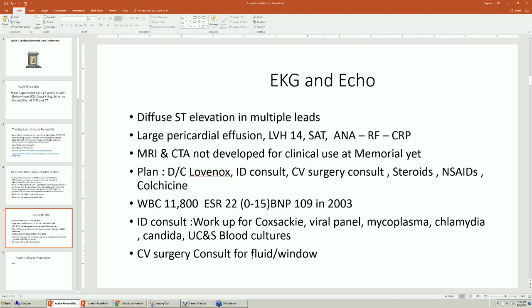In those days it was with a window. Nowadays probably what we would do is take the patient to a CT scan and get someone who's really good at it, an interventional radiologist, to just drain the fluid and either leave a drain in for a while to drain the pericardial sac, or take the drain out and wait and see if the fluid reaccumulates.